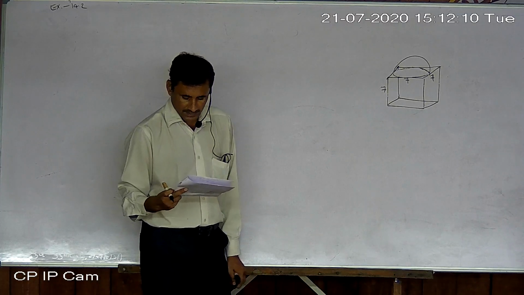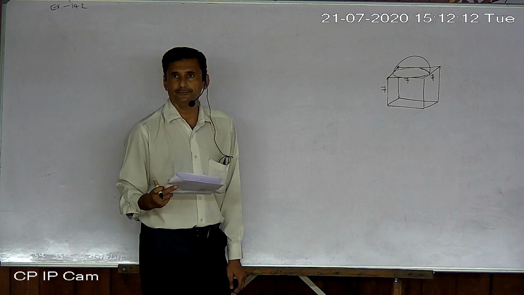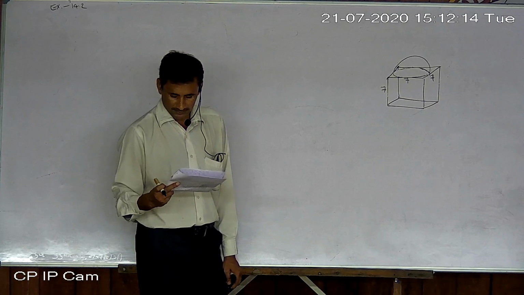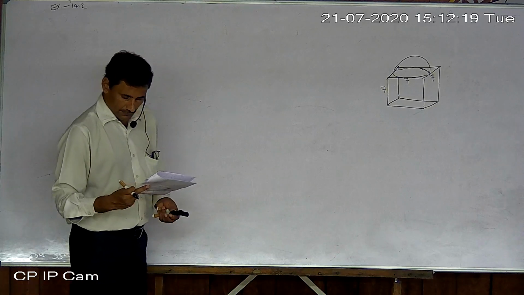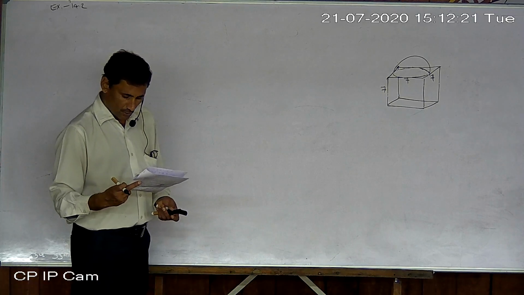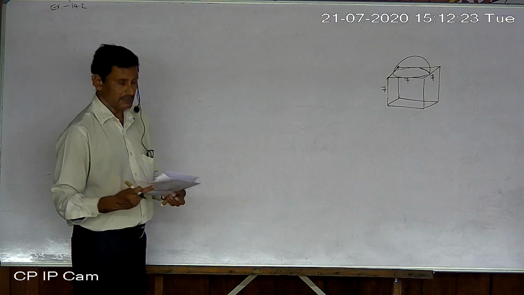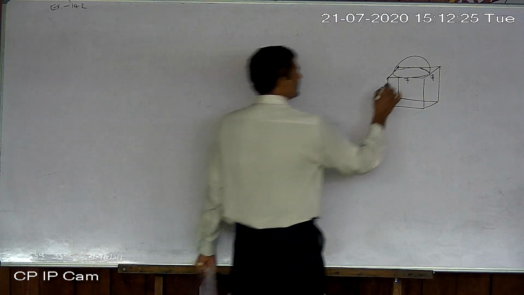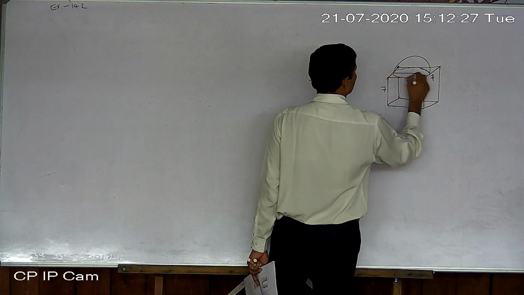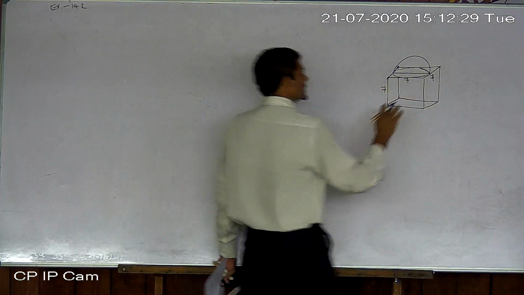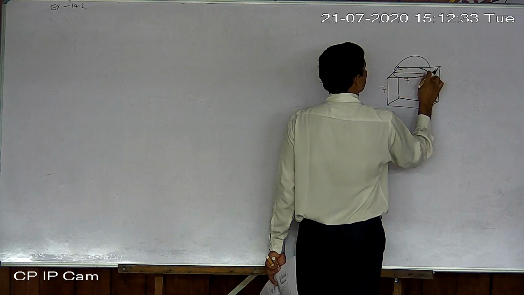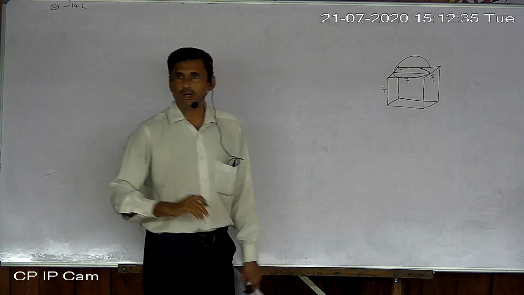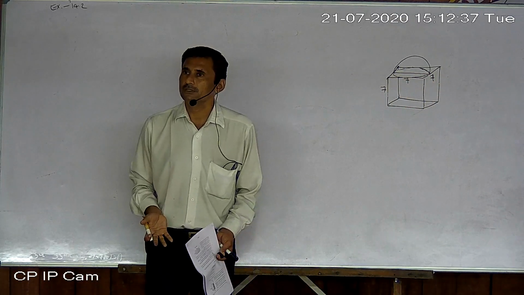But one condition is written there. What is the greatest diameter the hemisphere can have? Find the surface area of the solid. So what should be the greatest diameter of the hemisphere? Obviously equal to the length of the cube. Why?